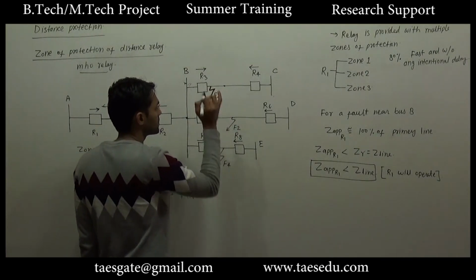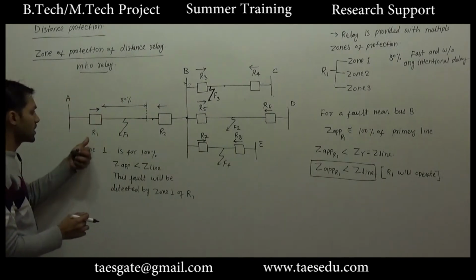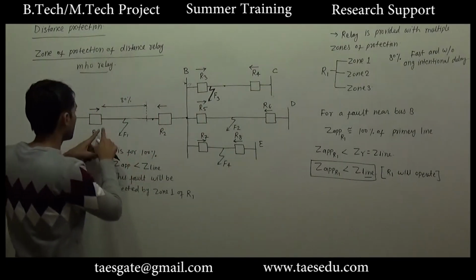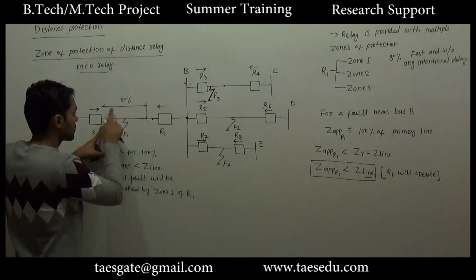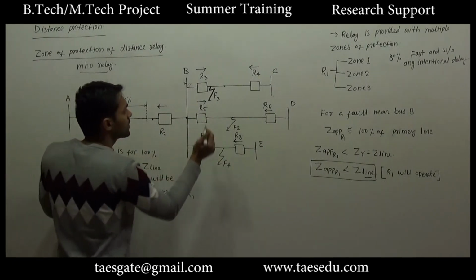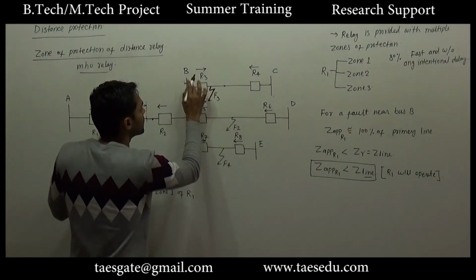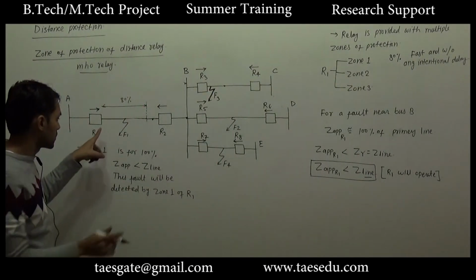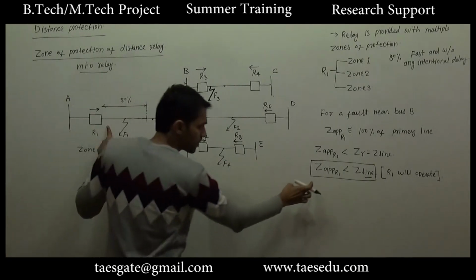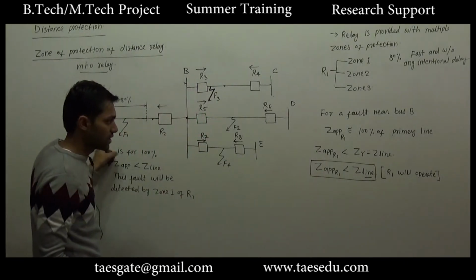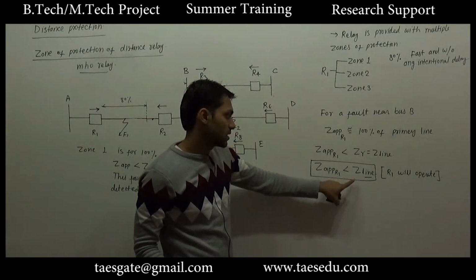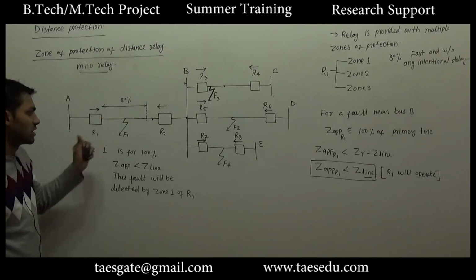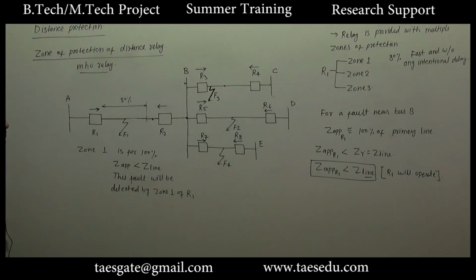For this fault, the total impedance seen by the relay will be greater than Z line, because if you start from here, the total impedance of Z line will be included, and there will be some additional impedance depending upon how far the fault has occurred from bus B. So theoretically the apparent impedance as seen by R1 will be greater than Z line, and if it is greater, zone 1 of relay 1 will not operate.